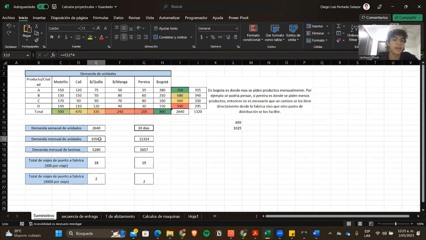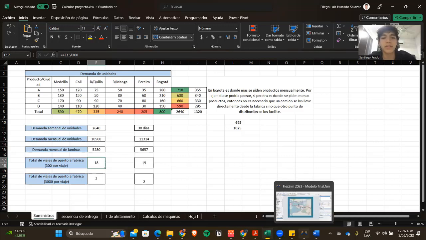Then we have the monthly demand, then the sheet demand, and for total trips, we have the total demand of sheets divided into 300, which is the maximum capacity of our trucks.